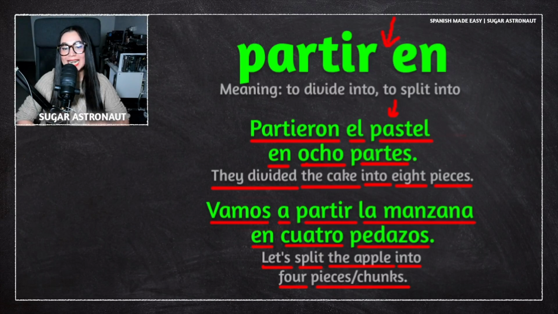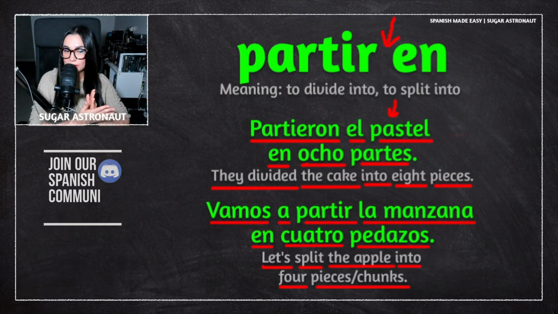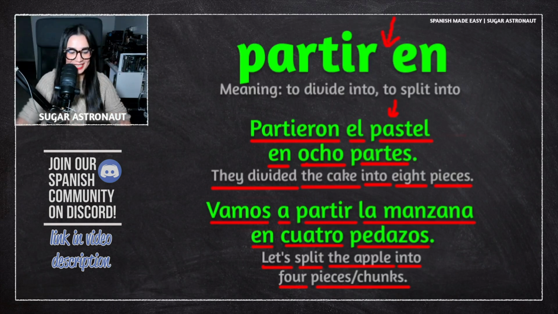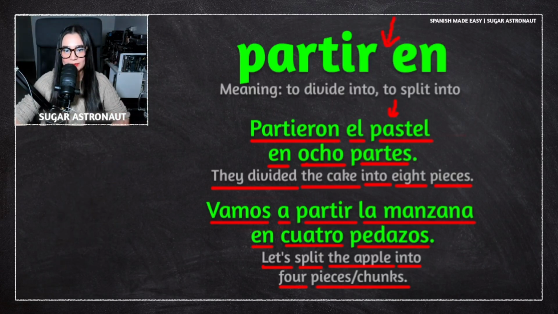Vamos a partir la manzana en 4 pedazos. Let's split the apple into 4 pieces or 4 chunks. Dame un pedazo. Give me a chunk. That's interesting. I like the word pedazos. I don't know. It's quite interesting.